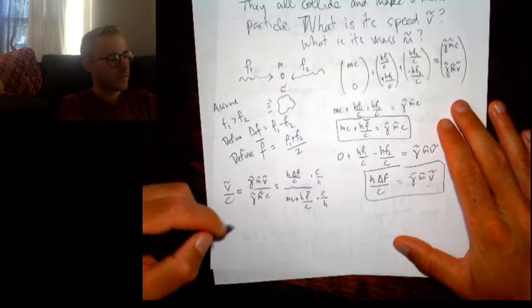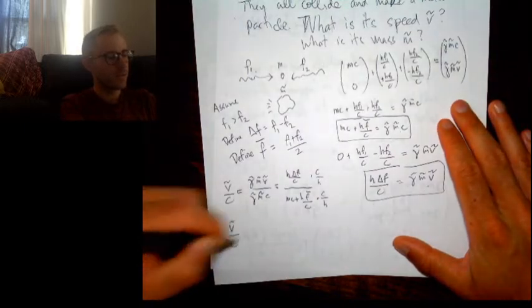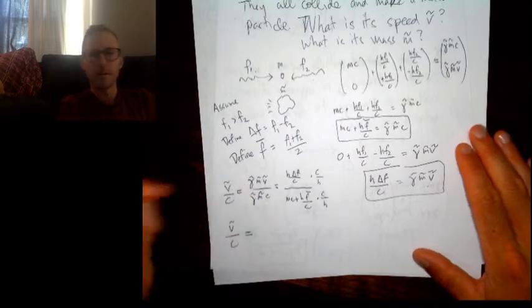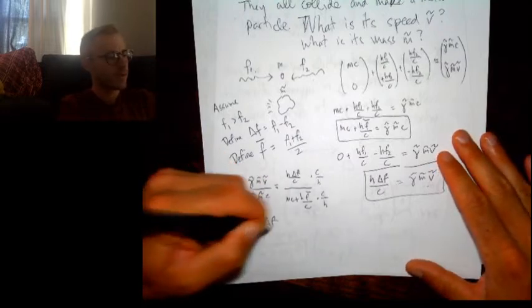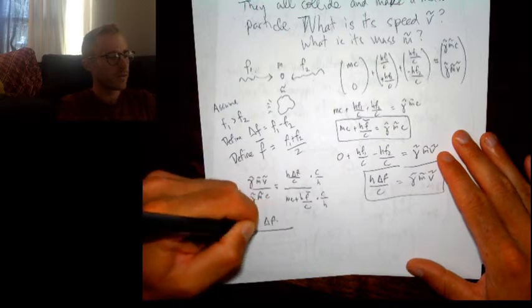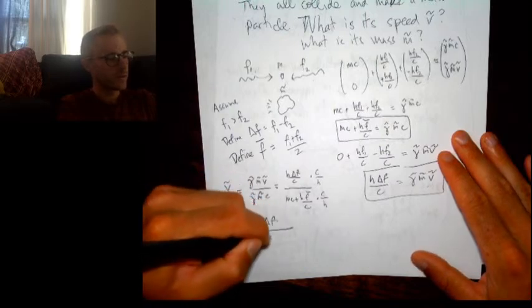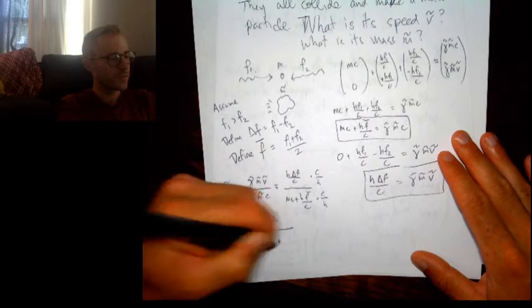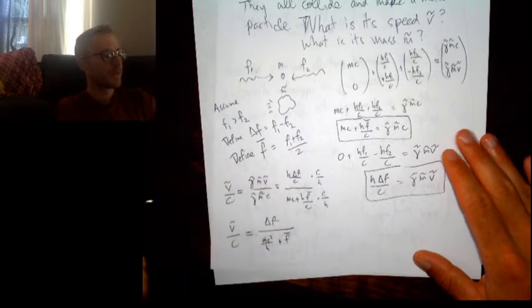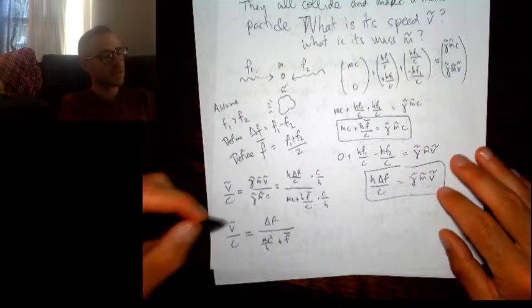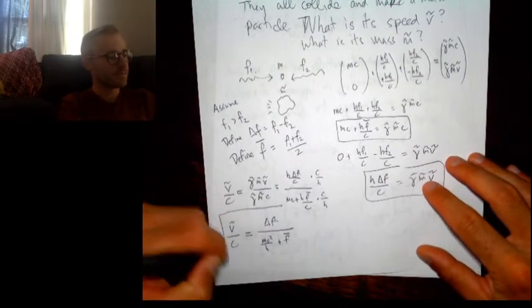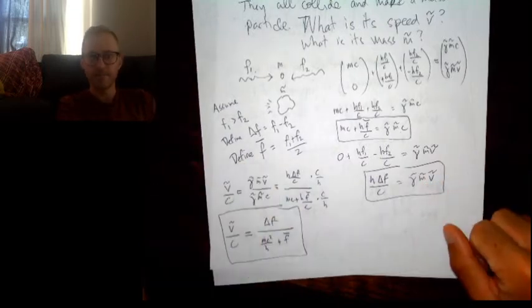So I'm going to get V squiggle over C equals delta F over MC squared over H plus F bar. So there, that's the answer for the velocity.